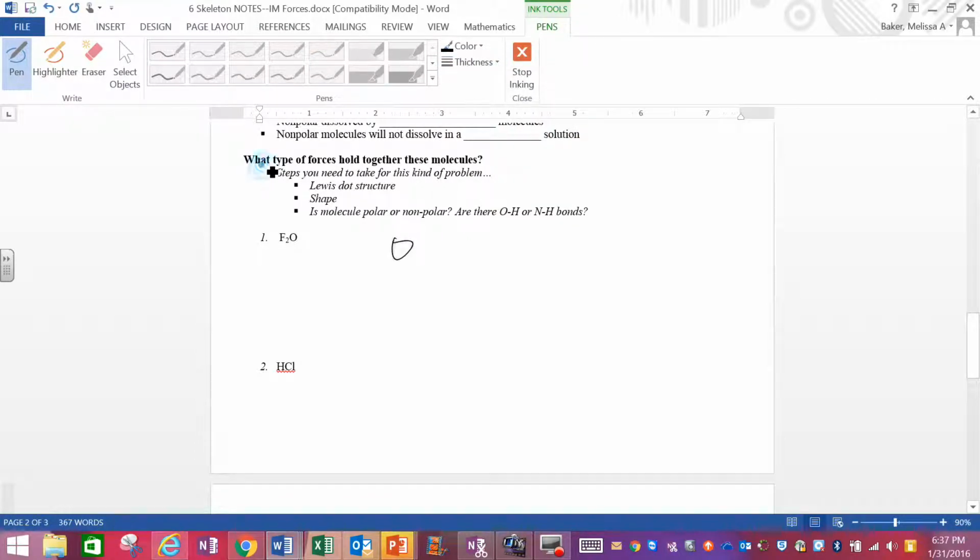So let's start with OF2. This is going to have a bent shape because the oxygen has lone pairs on it. Oxygen's 3.44, fluorine is 3.98. That's a difference of 0.54. That means the fluorine is winning.